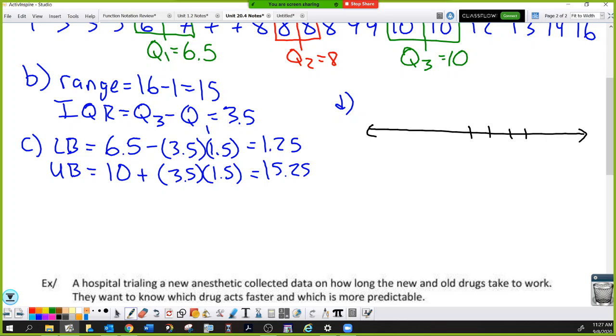So if that's 16, here's 8, here's 1, 2, 3, 4, 5, 6, 7, 8, 9, 10, 11, 12, 13, 14, 15. That's pretty good. Close enough.